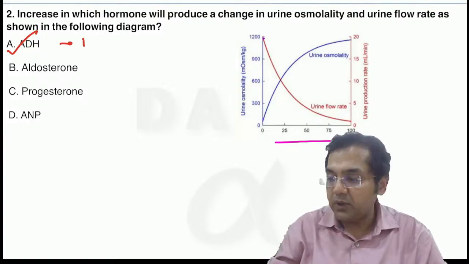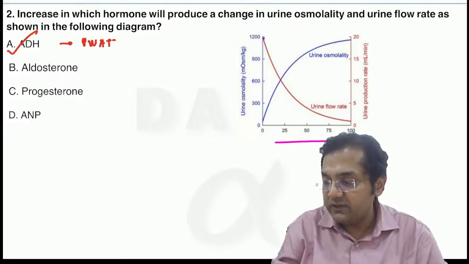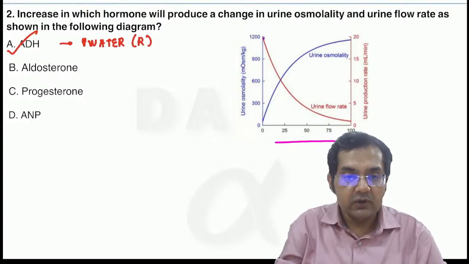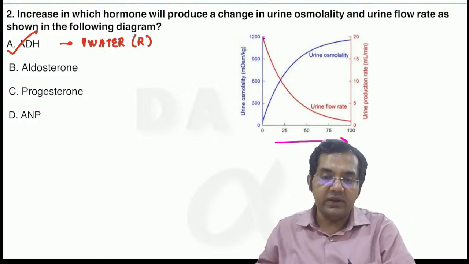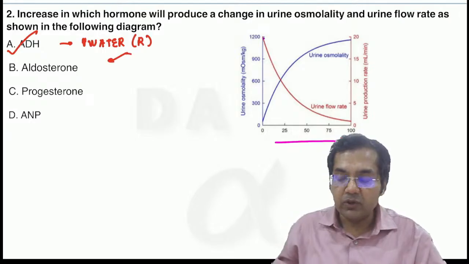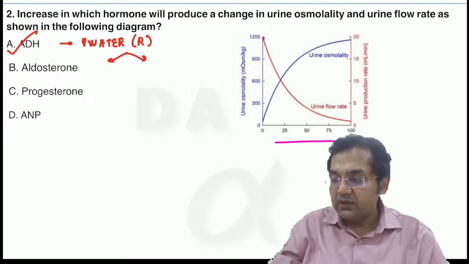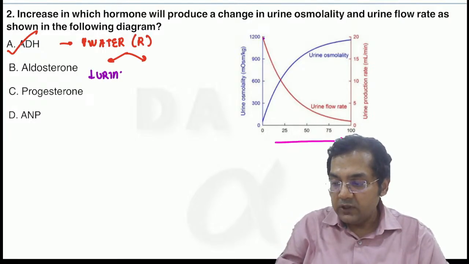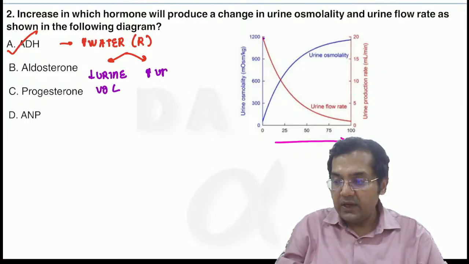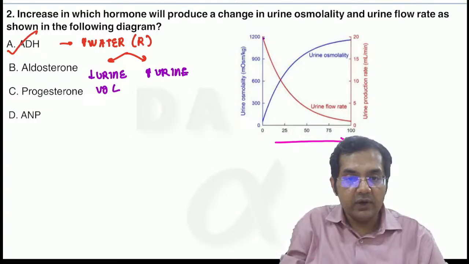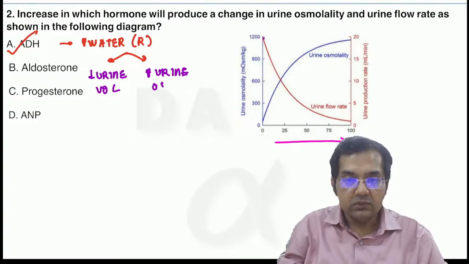Because ADH causes increased water reabsorption, right? Because it causes more water reabsorption, this will cause a decrease in urine volume and an increase in urine osmolarity, right?